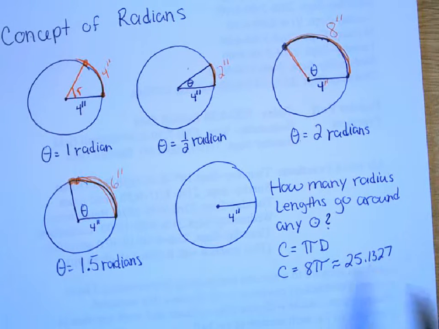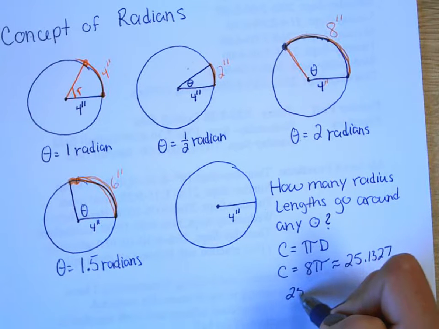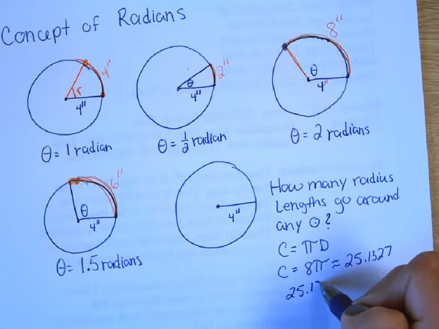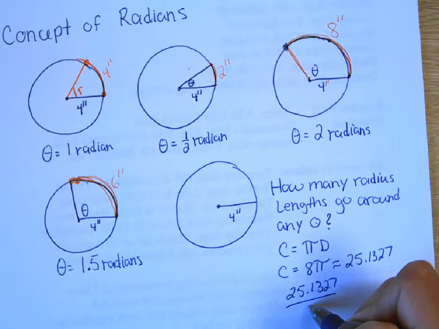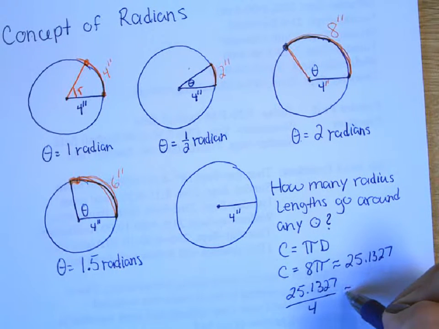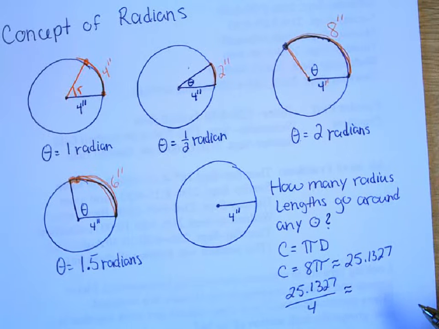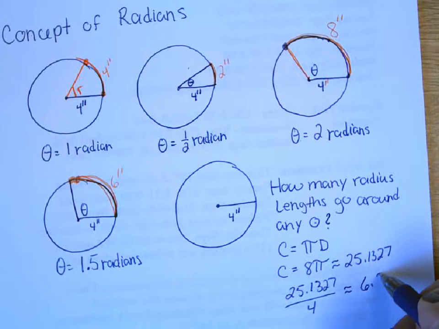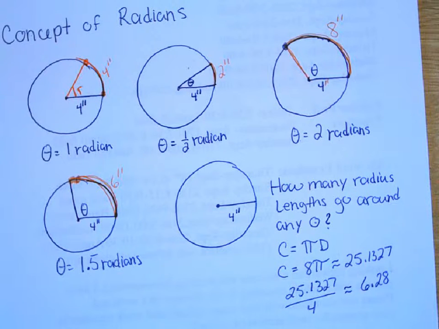So if I take that 25 and divide by 4, that will tell me how many radius lengths there are around there. What does that come out equal to? 6.2831, or 6.2832. Okay, a little over 6. We'll just go with that.